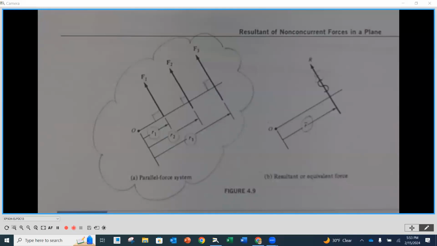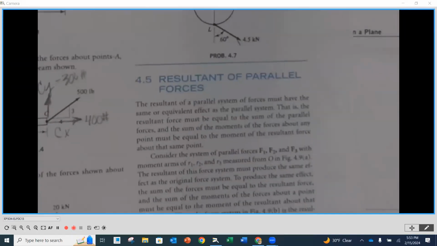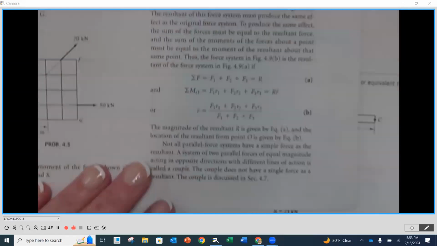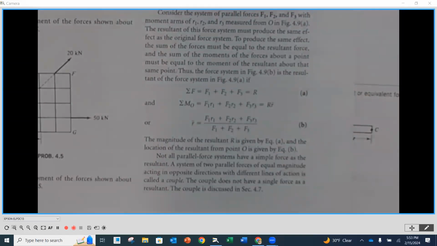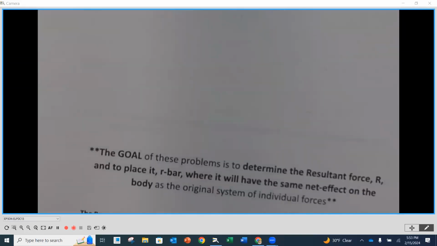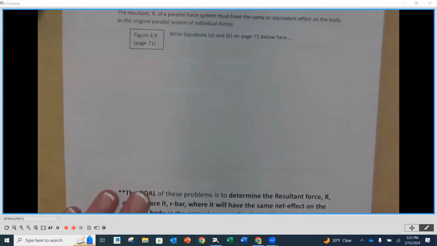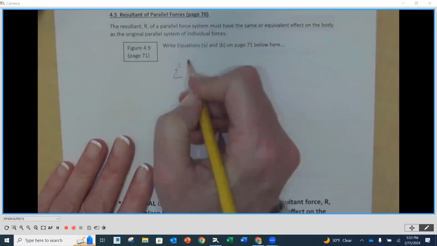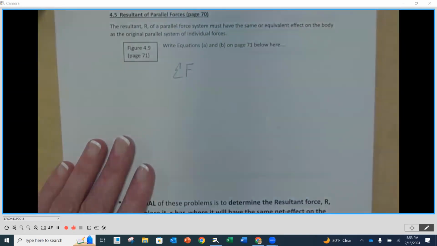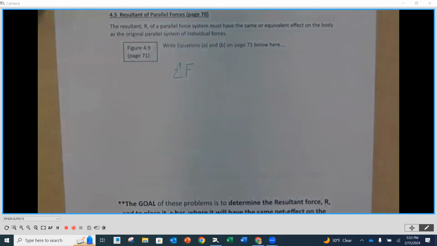So we want to go back to page 70 and write down a couple of key equations. I'll tell you which ones. In this section, the first one is to sum our forces, which could be in the Y direction, the X direction, or along any line like they show here, but they're parallel forces.